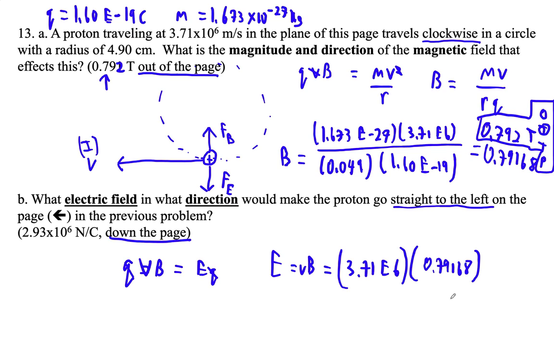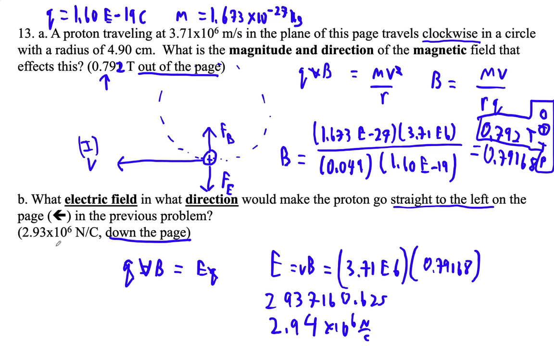So take that number and multiply by 3.71 E6. And I get 2937160.625, or 2.94 times 10 to the 6th newtons per coulomb.